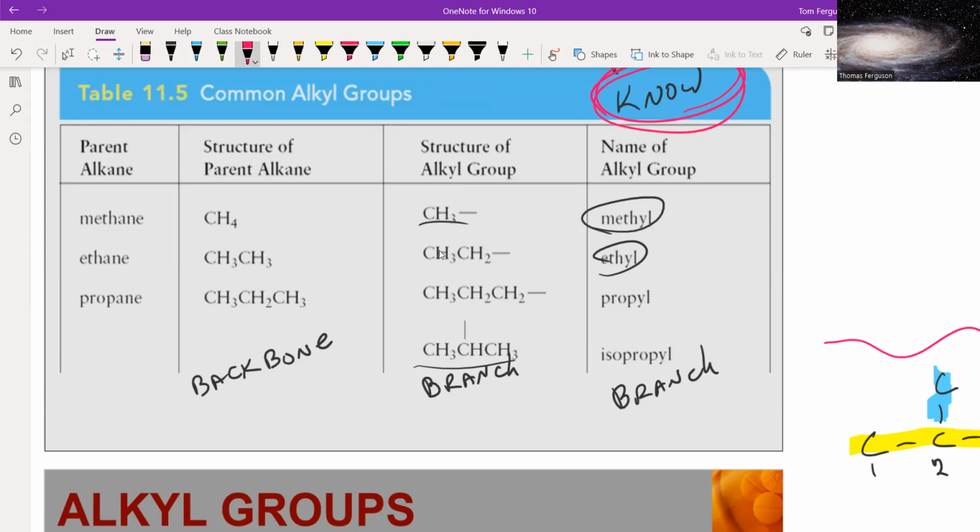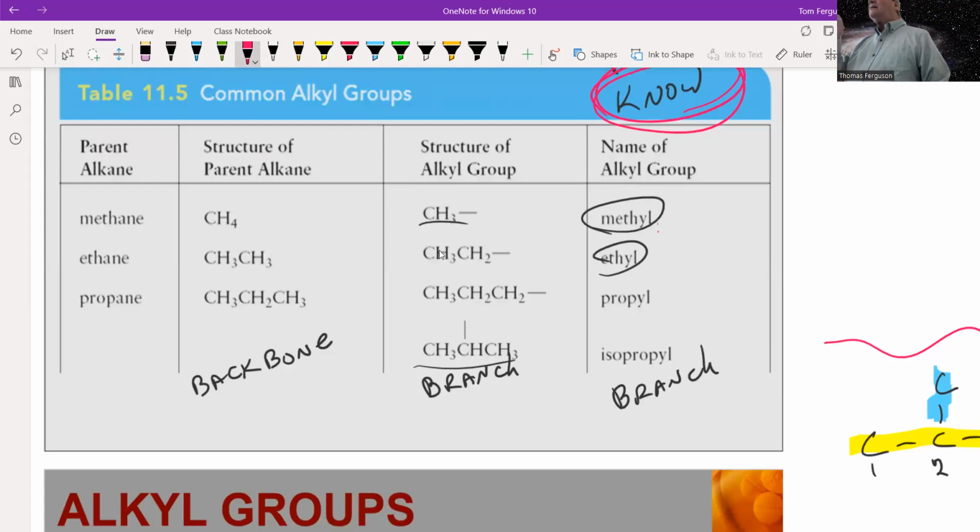The branch names are related to the backbone name, like adjectives are related to nouns. They've got a YL in there. So if you have a base model like methane, which has 1 carbon, if that 1 carbon is a branch, it's called methyl, not methane.